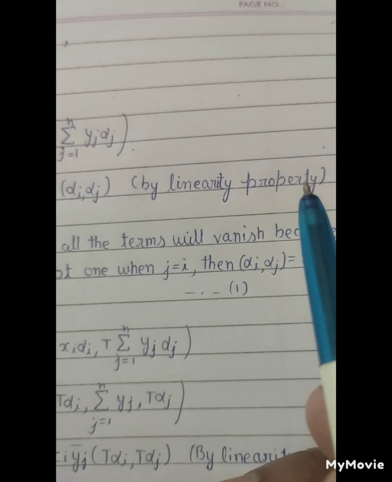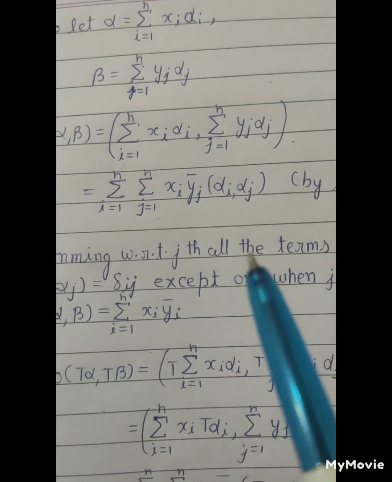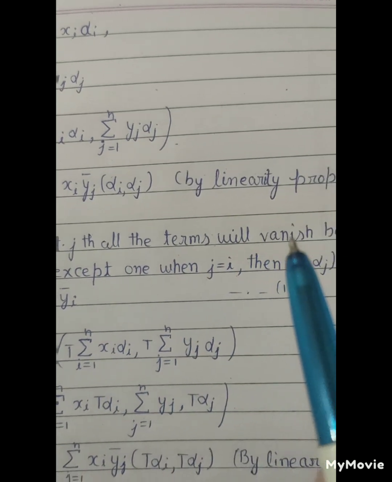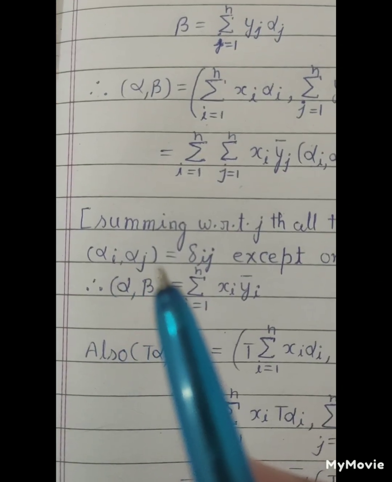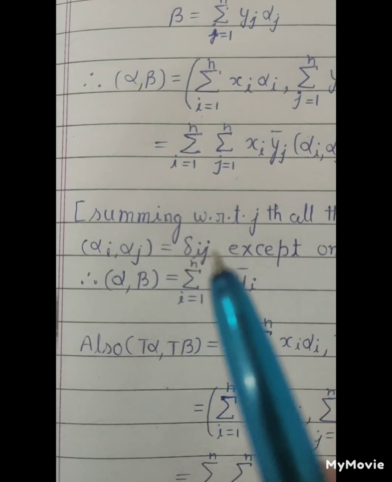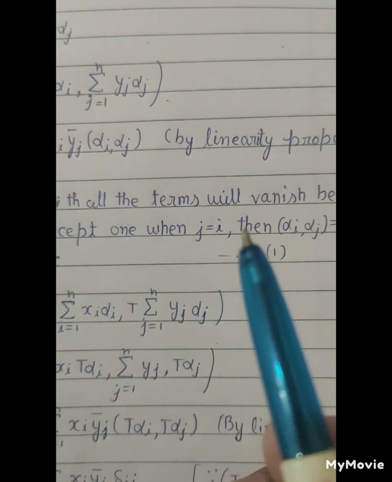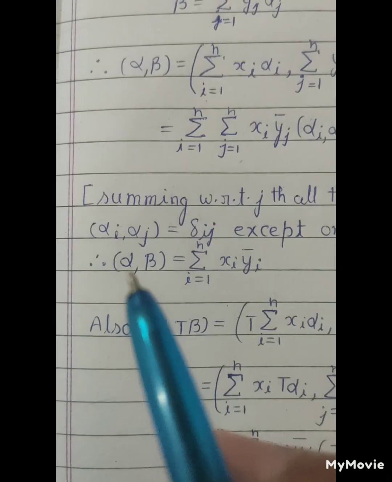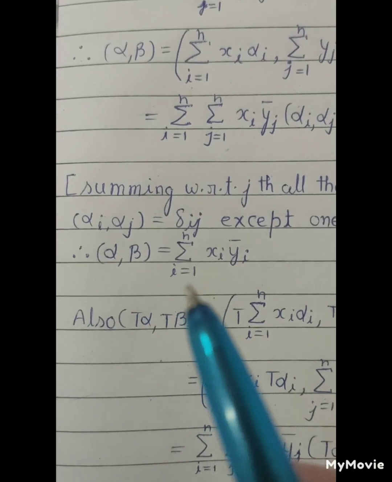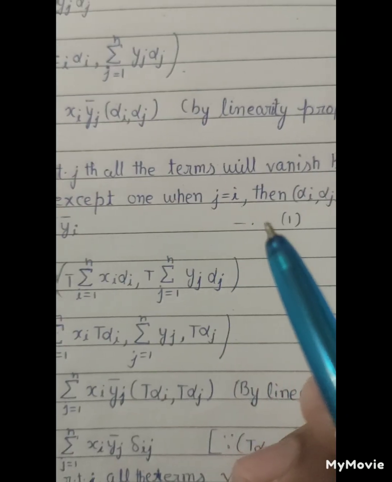By the linearity property, summing with respect to j, all the terms will vanish because the inner product of alpha i and alpha j equals delta ij, except when j equals i, then the inner product of alpha i and alpha i equals 1. So the inner product of alpha and beta equals sigma i varying from 1 to n of xi yi bar. Equation 1.